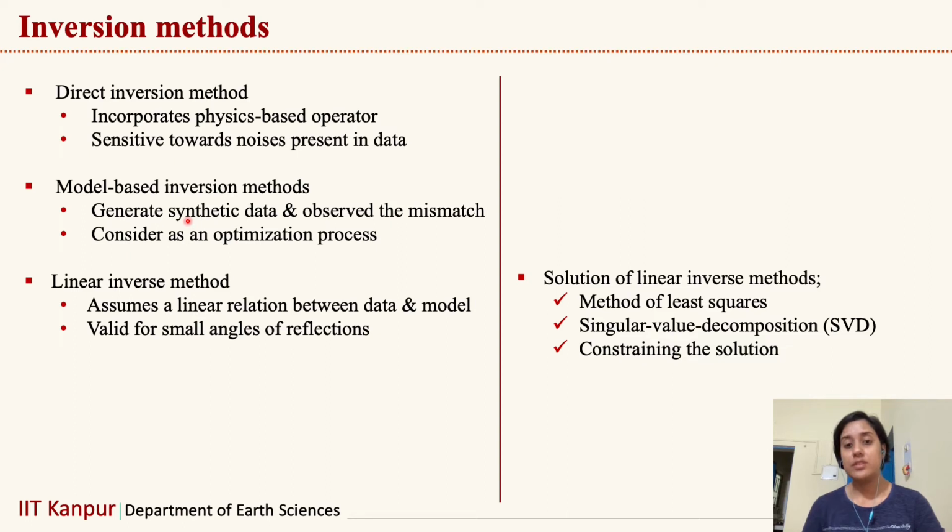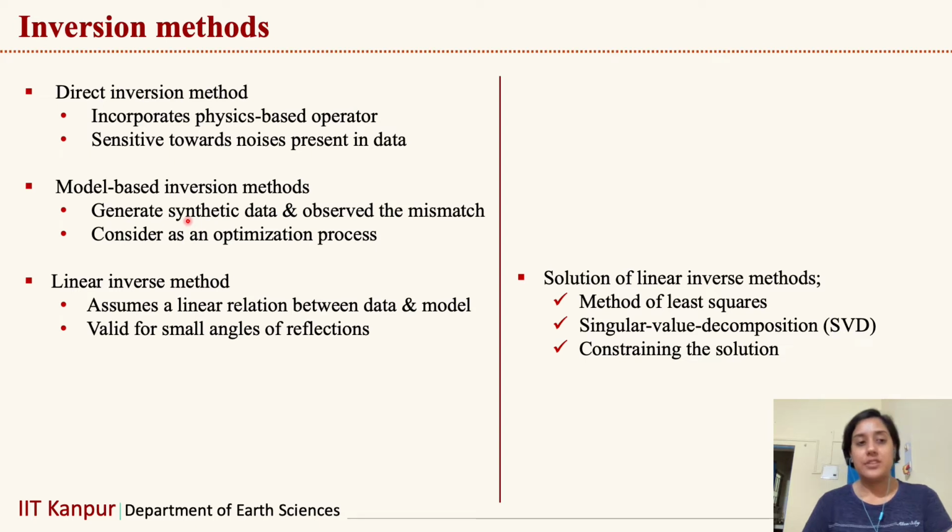To reduce this mismatch, we again update our initial model so that we can minimize the mismatch between both seismic datasets. That's why this process is considered an optimization process, because we keep updating our model to reduce the objective function, which is a norm between the synthetic data and the observed data.